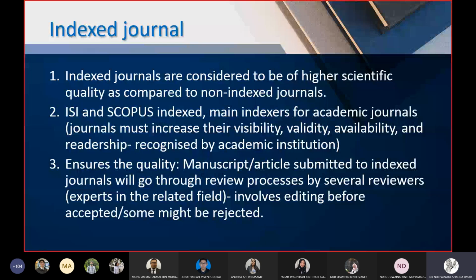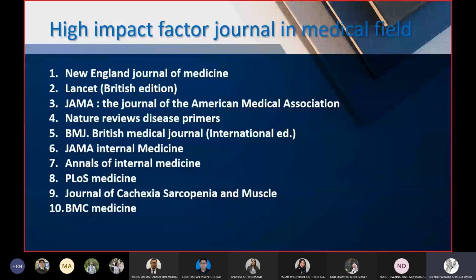So when you are looking for evidence, okay, make sure you look based on the EBP pyramid, and also whether it comes from an indexed journal or non-indexed, and if you can get it from a high impact factor journal, that is much better. So these are the high impact factor journals in the medical field.